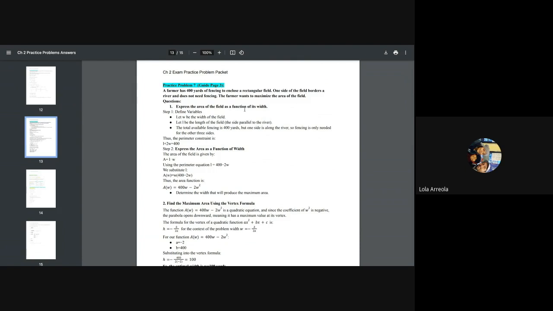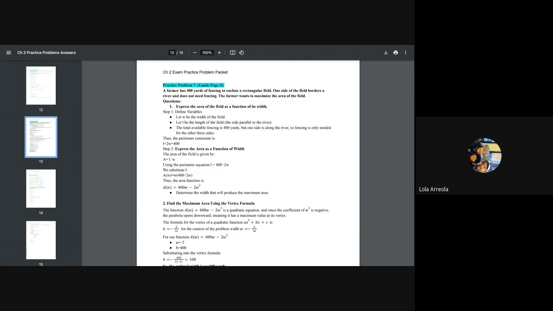One side of the field borders a river and does not need fencing. Okay, so this is important as well. This side is a river. So do I need to put a fence there? Do I need to use 200 yards of fencing to enclose that part of the river? No, I do not.